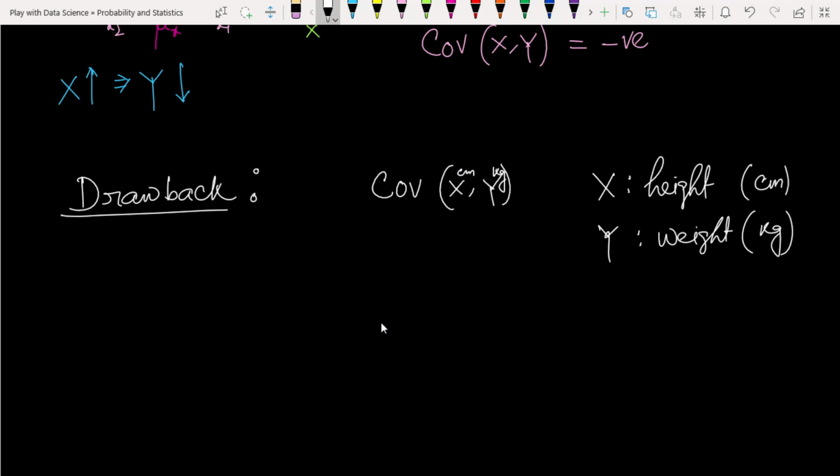Now we will simply convert this data set.